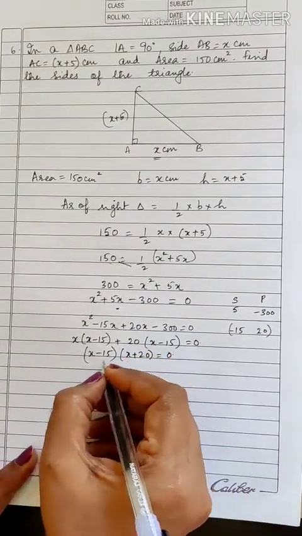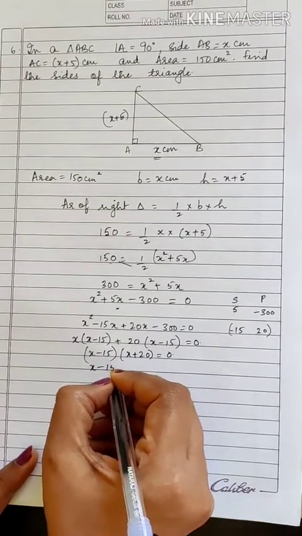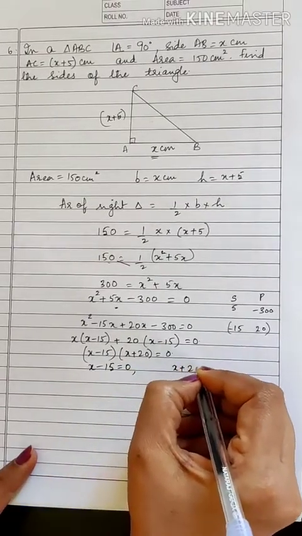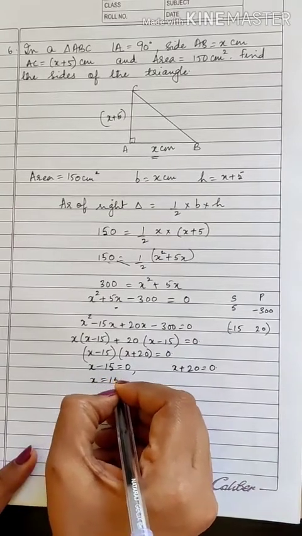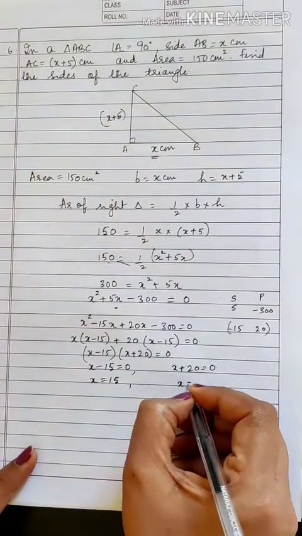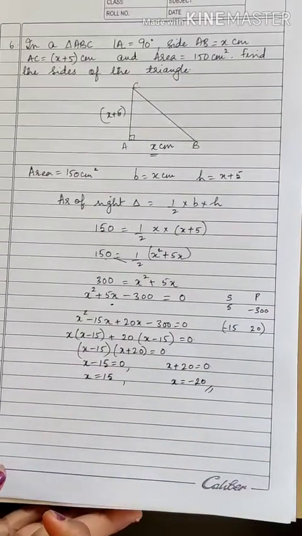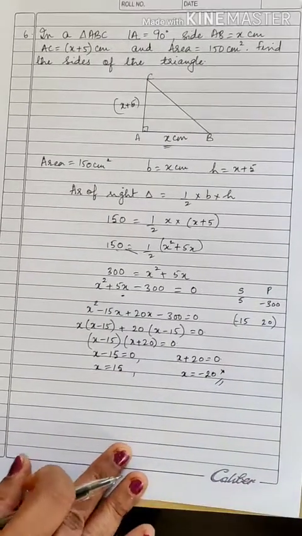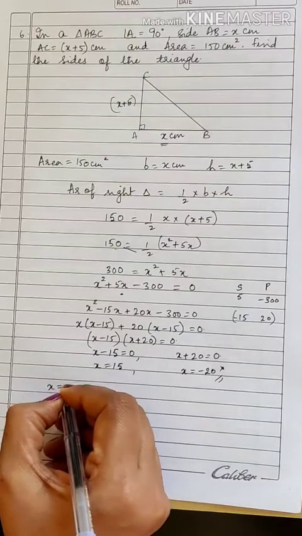Now here you have got these two as factors. You have to equate them equal to 0. So x minus 15 is equal to 0 and x plus 20 is equal to 0. You get x is equal to 15 and x is equal to minus 20. Now you cannot have the sides in negative, so you ignore this and take the value of x as 15.